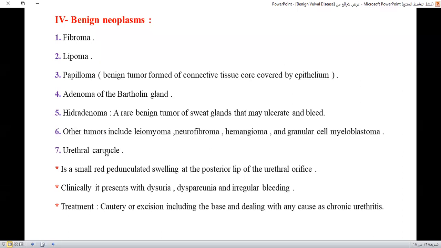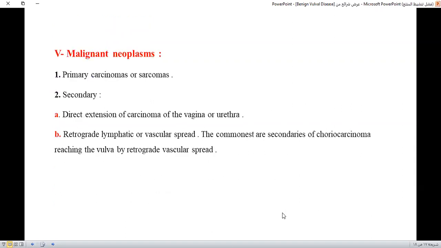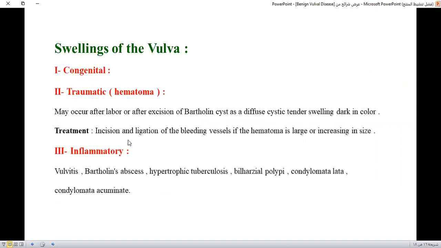Urethral caruncle is a small red pedunculated swelling at posterior lip of urethral orifice, with dysuria, dyspareunia, irregular bleeding; treated by cautery or excision including the base and dealing with any cause of chronic urethritis. Malignant neoplasm either primary or secondary. Secondary either by direct extension from the vagina or urethra or by retrograde lymphatic or vascular spread.